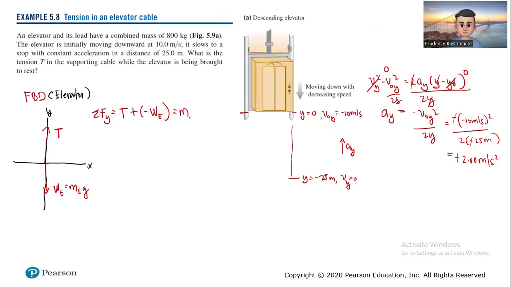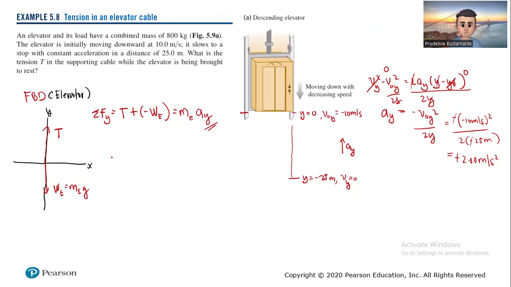So it equals the mass of the elevator times the acceleration a sub y. Why not zero? Because our system is accelerating, Newton's second law of motion.